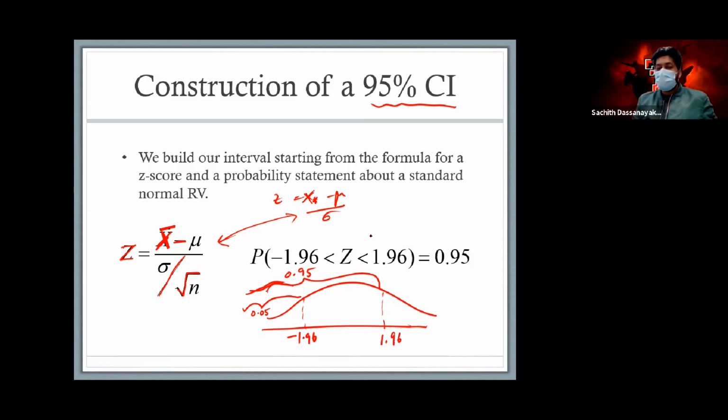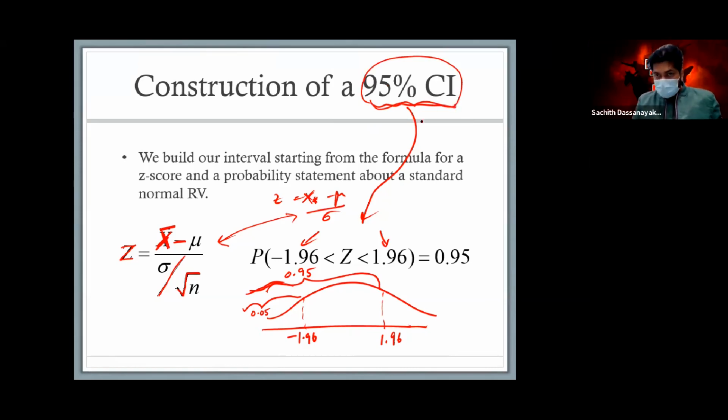That's why they have mentioned these two values, because of this 95%. Clear? If you are confused with those two values, please check the standard Z-score table.